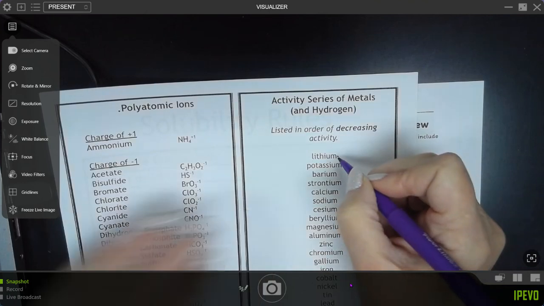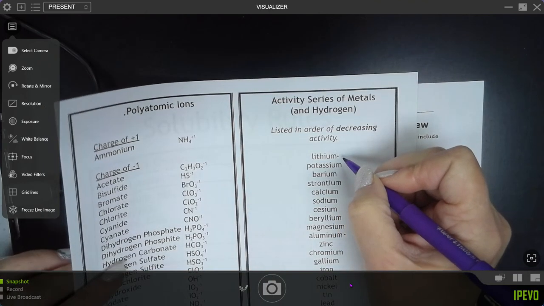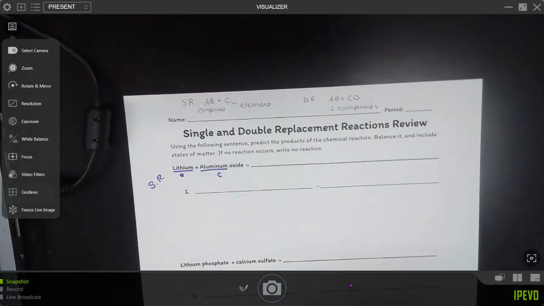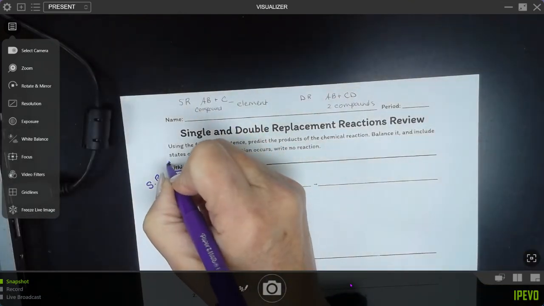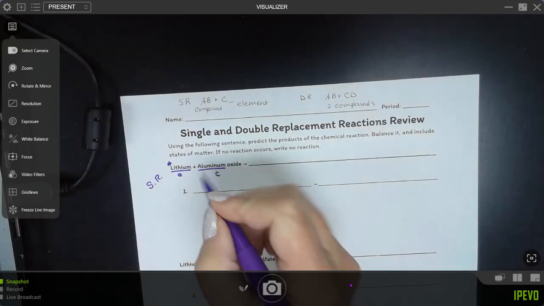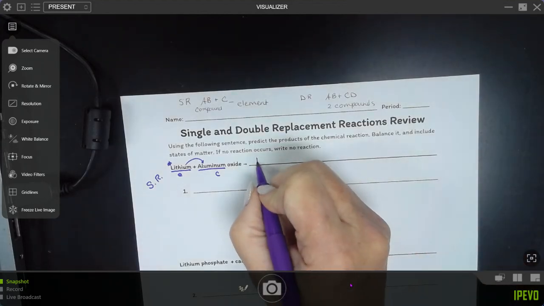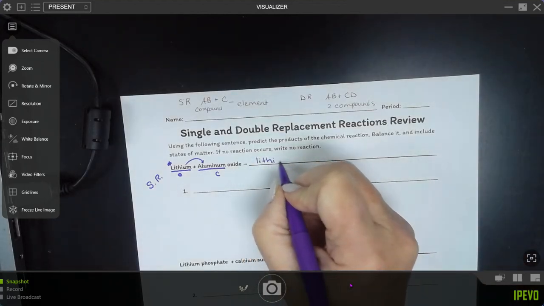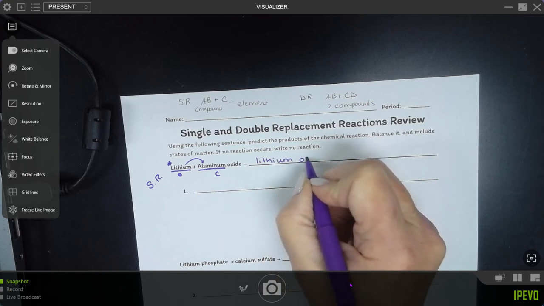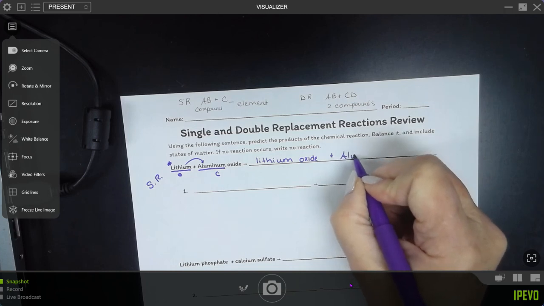Lithium is higher on the activity series, which means lithium is more reactive. Lithium does not like to be alone. It's not stable on its own. It wants to be in a compound. Since lithium is higher up, lithium is going to take aluminum's place. So our products are going to be lithium oxide plus aluminum.